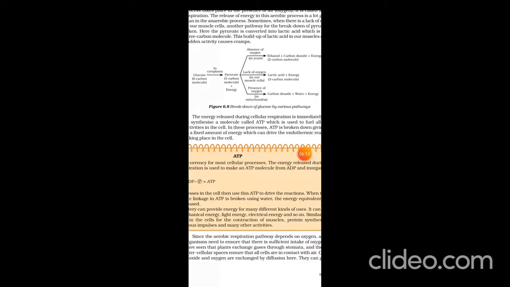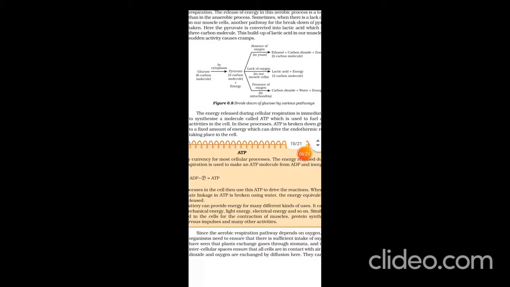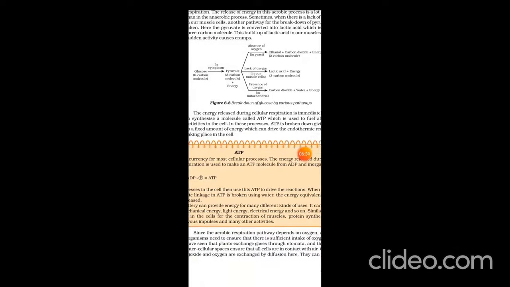And third, under 100% absence of oxygen, it will be converted into ethanol. So you have to understand that glucose is a 6-carbon molecule which will be converted into a 3-carbon molecule, and that 3-carbon molecule can be converted into further energy in 3 ways.